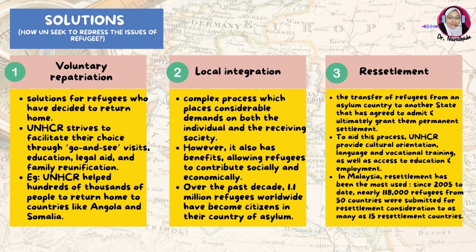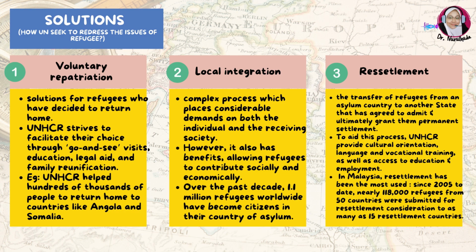And thirdly, the third solution by the UN is resettlement. Resettlement involves the transfer of refugees from an asylum country to another state that has agreed to admit and ultimately grant them permanent settlement. To aid this process, the UNHCR provides cultural orientation, language and vocational training, as well as access to education and employment.